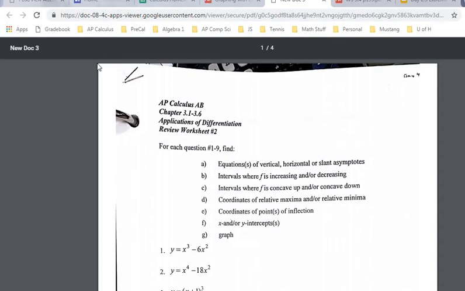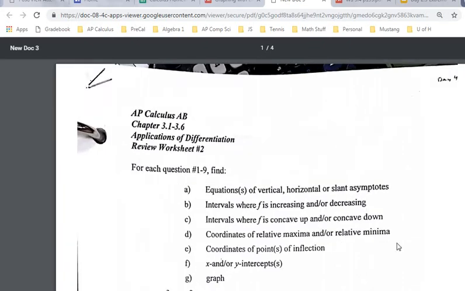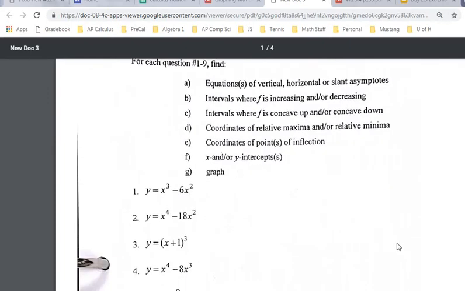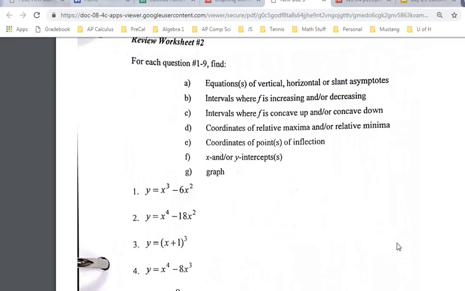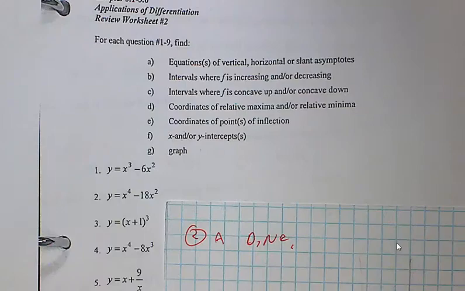You have to derive to get where it's increasing or decreasing. And while you're doing that, you might as well go ahead and do D and find the relative maxes and mins. Plug in the x values to the original equation. Yes, sir.